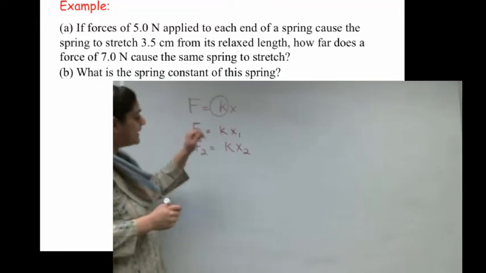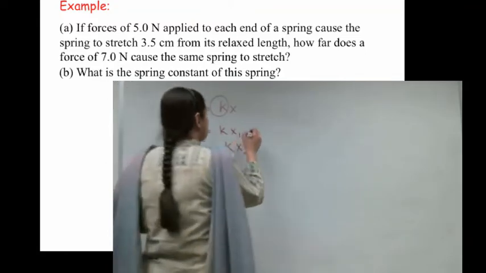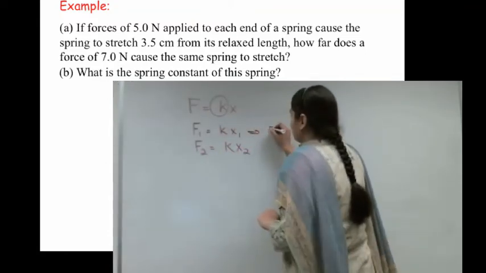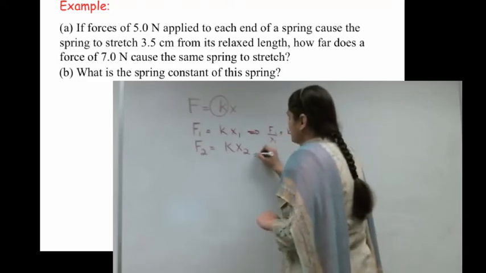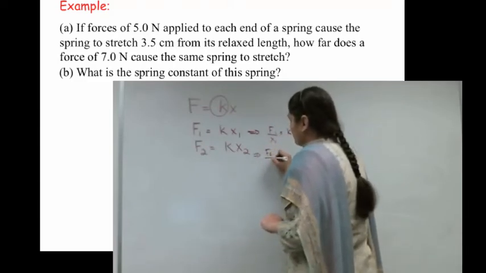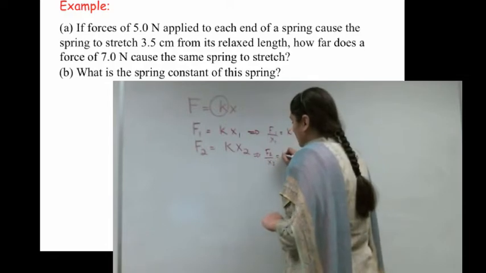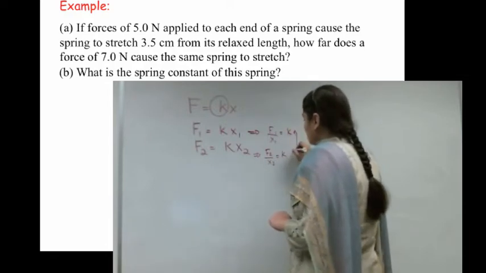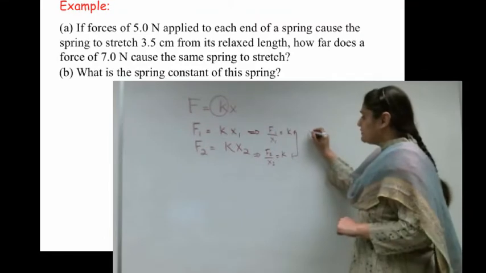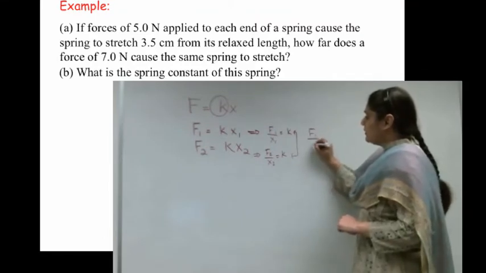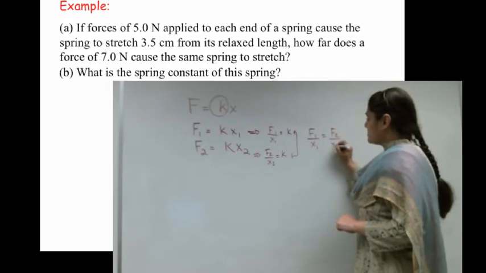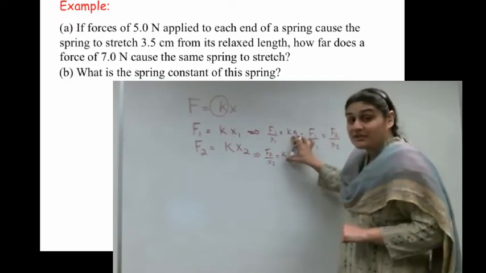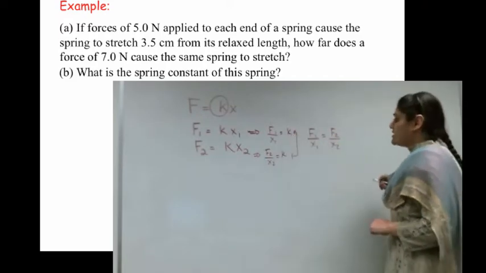However, the values of k will remain exactly the same. So I can rewrite F1 over x1 as k, and F2 over x2 as k. Since the k's are the same, F1 over x1 equals F2 over x2. Remember that the value of k will not change for any spring.